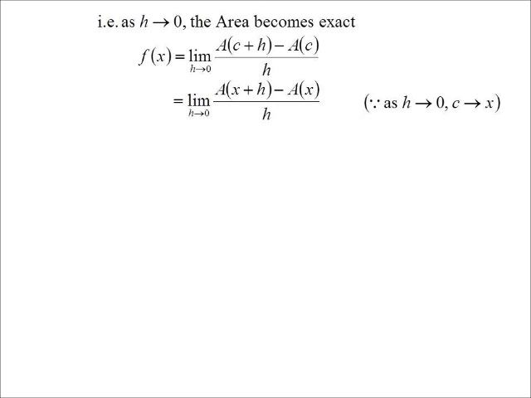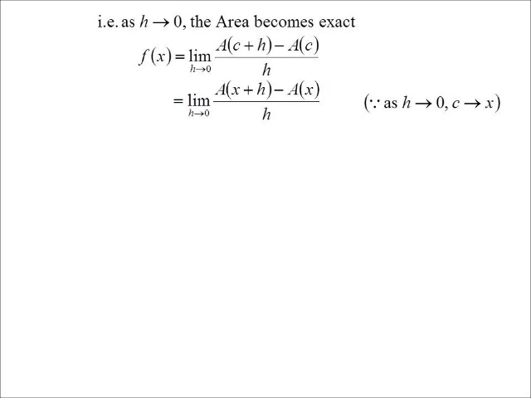And now again, hopefully this is starting to look familiar. Limit as H approaches 0 of this function X plus H minus this function X over H. Well, that was our formula for the derivative. Our first principles formula we came up with.